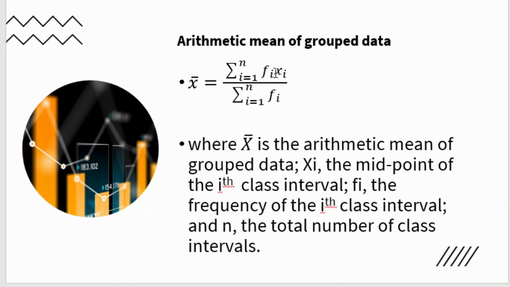What we are going to multiply: the midpoint of the group, denoted by xi, and the frequency of the group, denoted by fi, and we have to calculate the summation. Then we will take the summation of fi, the frequency, and in this way we can calculate the arithmetic mean of the group data.